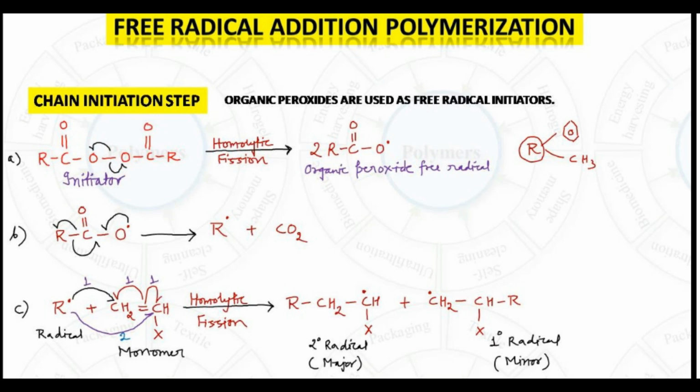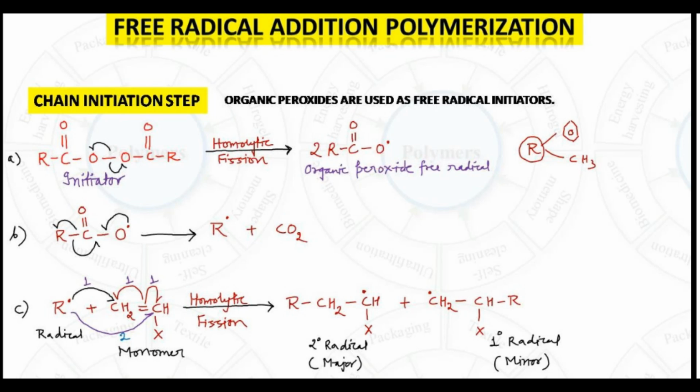You can see the half-headed arrow I have shown here, and in general organic chemistry, a half-headed arrow represents the movement of one odd electron. So this bond breaks from here, and you will get two organic peroxide free radicals. These two are the free radicals, basically the initiator radicals.